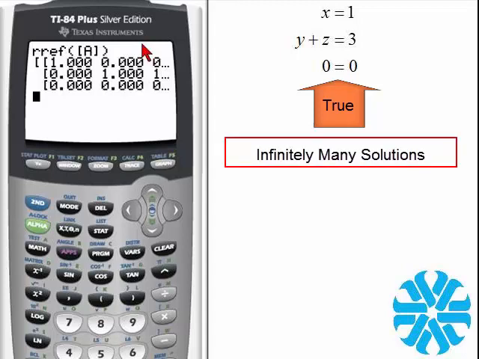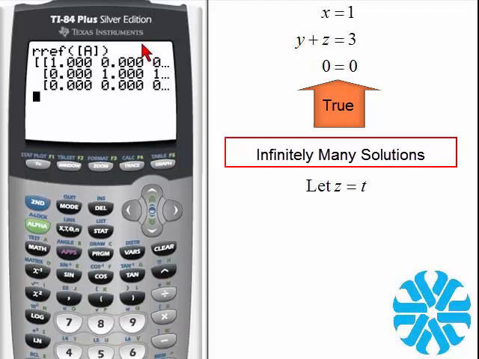So what we need to do is remember we need to take the third variable, or the last variable in the system of equations, which happens to be z, and we'll set that equal to some parameter. And this parameter will be t. So we're going to let z equal t. Now this is where we need to use back substitution.